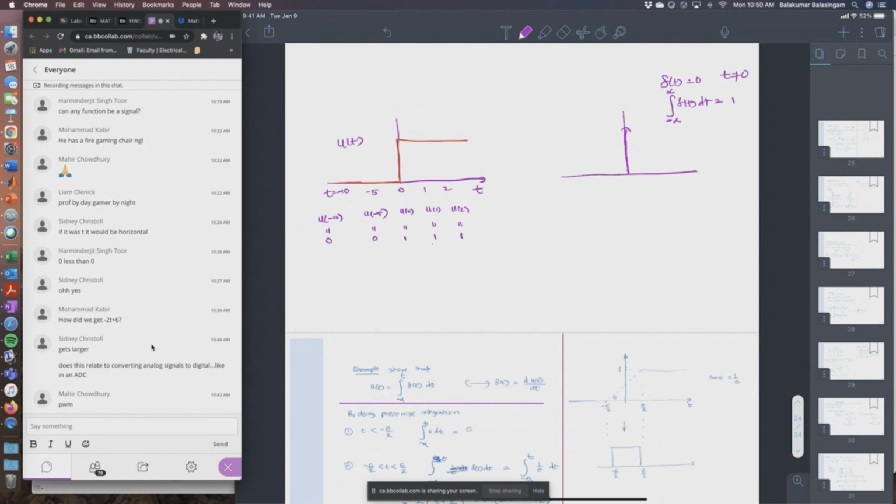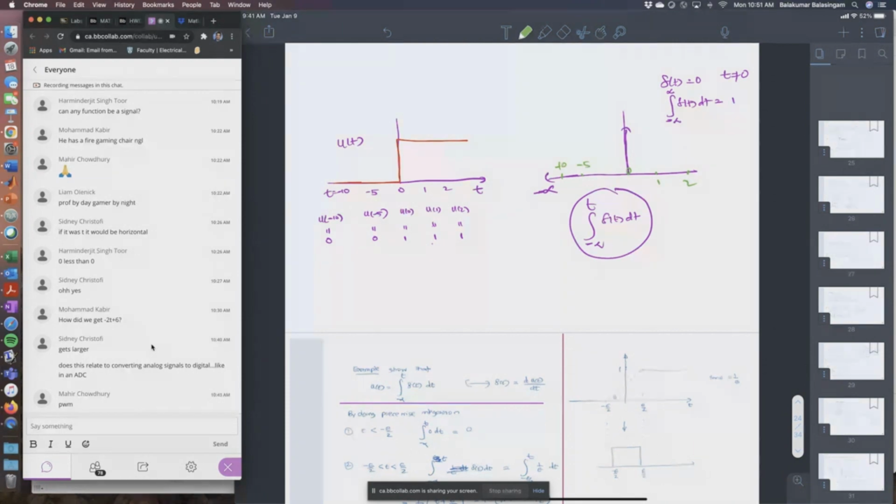What we are doing is finding the integral from minus infinity to t of delta t dt. We are integrating from minus infinity up to t, so it depends on where t is. If t is negative 10, then negative 5, then 0, then 1 and 2, as you move t, what is it going to be?